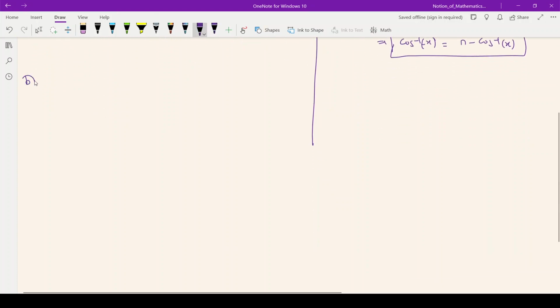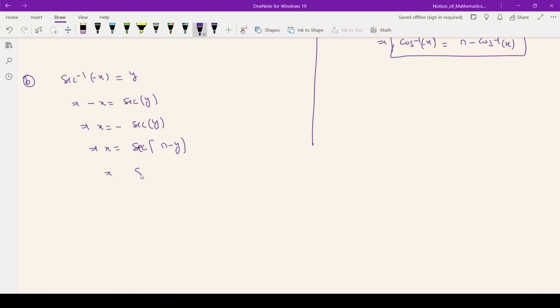In this second property, my consideration is that secant inverse of minus x is equal to y, or minus x is secant of y, or x is minus of secant of y, or x is secant of pi minus y, where secant inverse of x is pi minus y, or secant inverse of x is pi minus secant inverse of minus x, as y is taken like secant inverse of minus x.